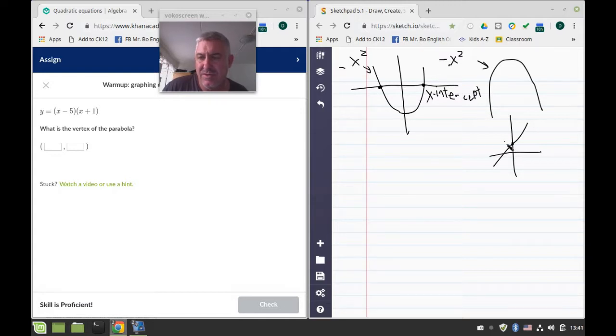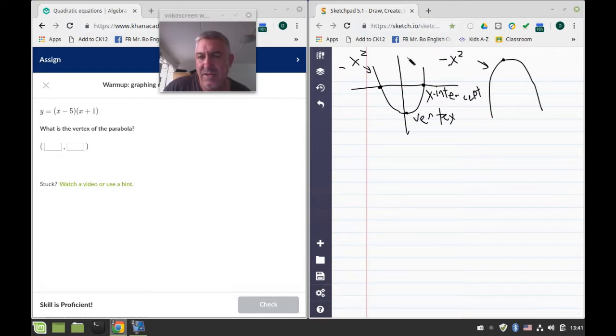The y-intercept is on y and the x-intercept is on x, but otherwise it's the same kind of thing. We're going to learn how to find the x-intercepts really easily, and then the lowest point or the highest point, those are called the vertex. The vertex is down here.